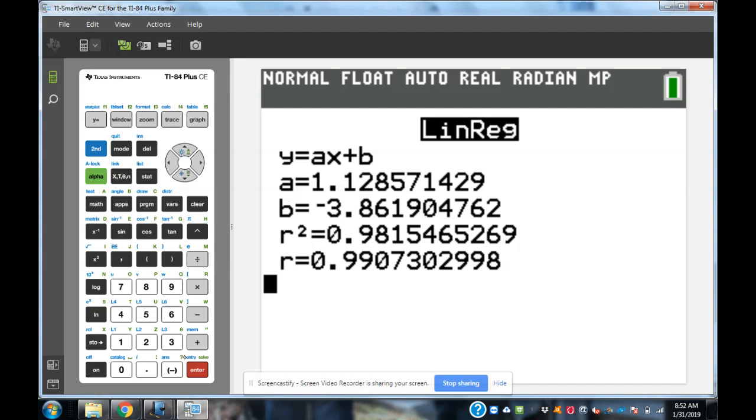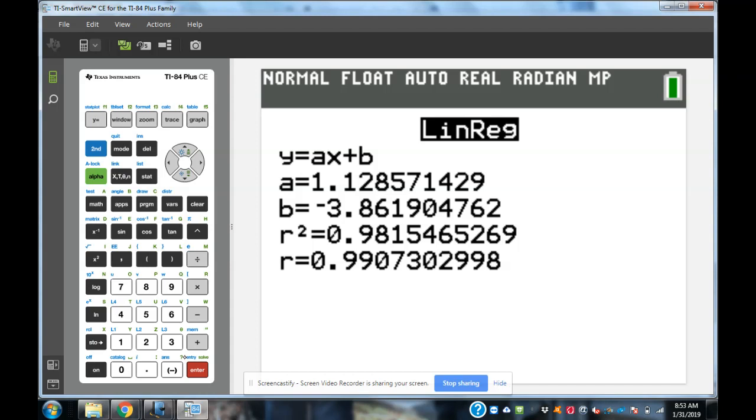R is your correlation coefficient. When R is closer to 1, or actually R squared, the closer R squared gets to 1, the better the fit is. R, as the correlation coefficient, if it's positive and close to 1, that means it fits really well. The closer R gets to 0, the less of a positive relationship we have.